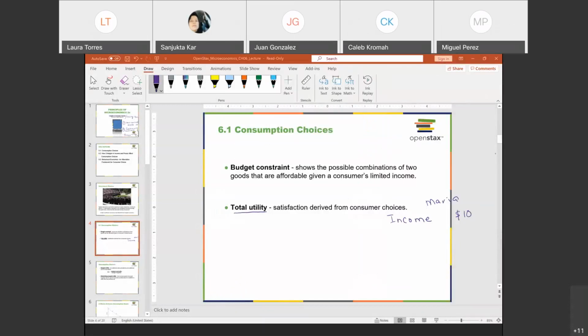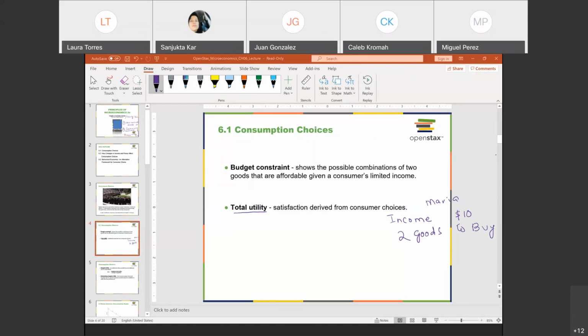So she wants to allocate her income between two goods. This is her only income, and let's say she has a choice of two goods to buy. I know in reality we buy, say, 100 goods, but for the sake of this class, for the sake of making this simple, I'm just going to make the assumption she has two goods that she wants to buy.